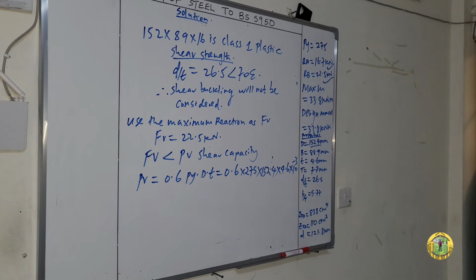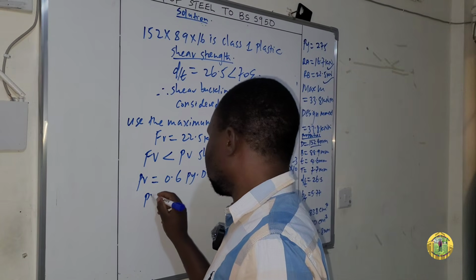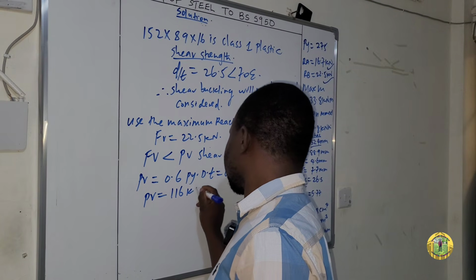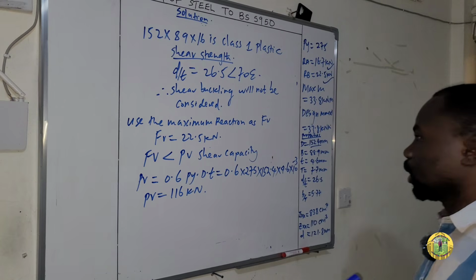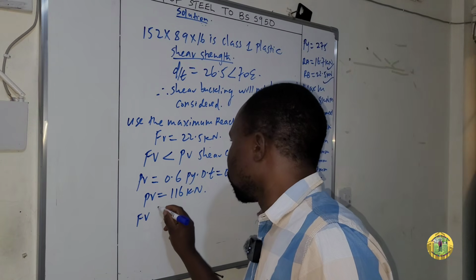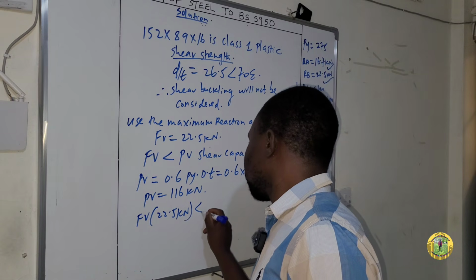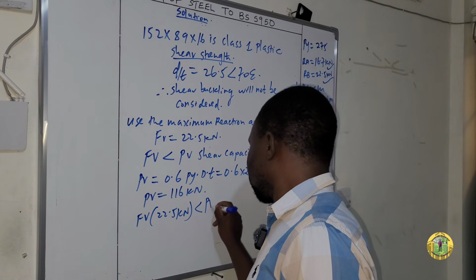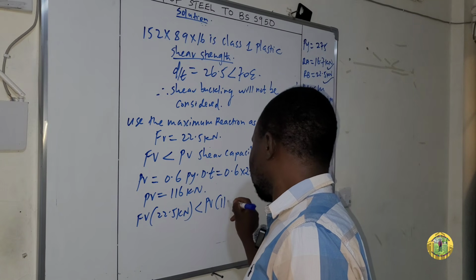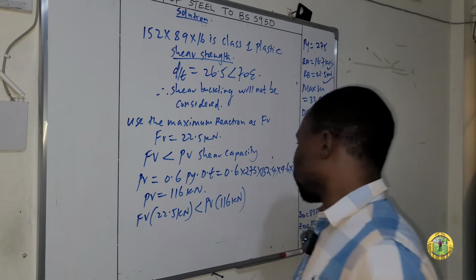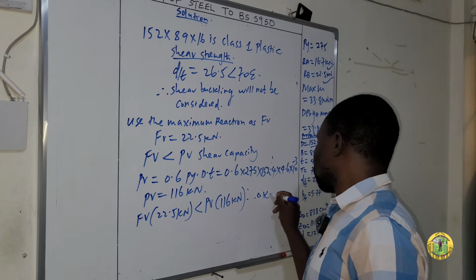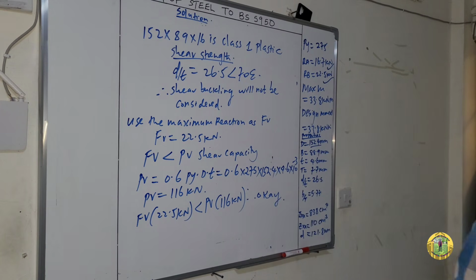So the shear capacity PV is equal to 116 kilonewton. As you can see, FV, which is 22.5 kilonewton, is less than PV, which is 116 kilonewton. Therefore, okay. Now what follows next is to check whether it is a low shear load or a high shear load.